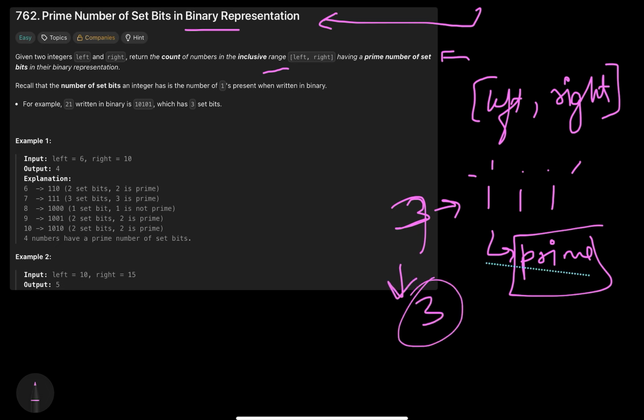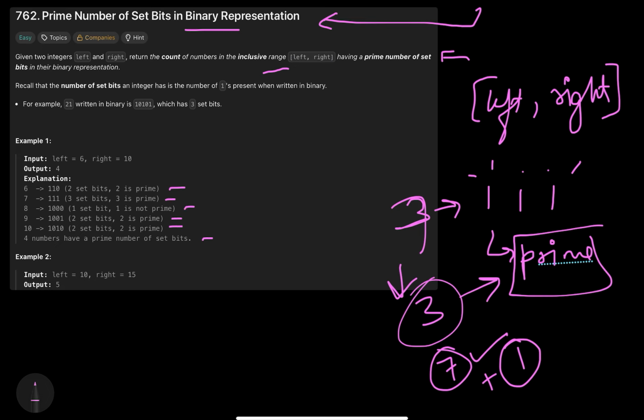Okay, and 3 is a prime number, so we'll consider 7 in our count.